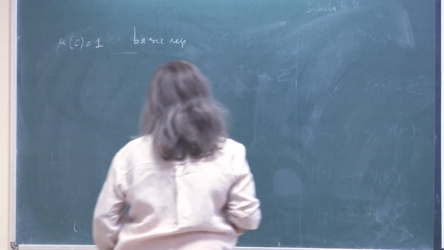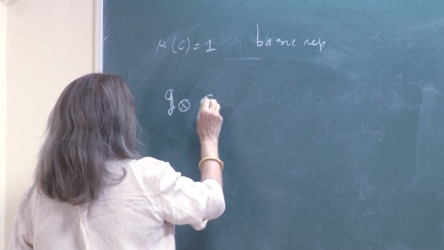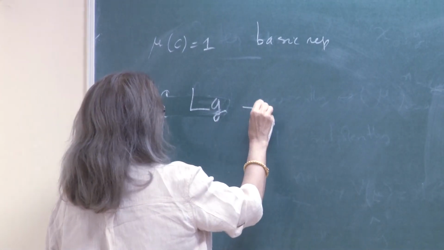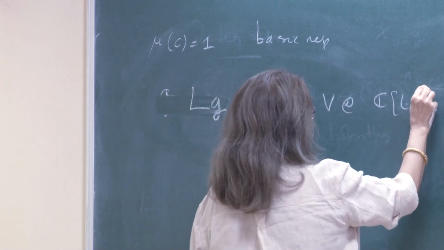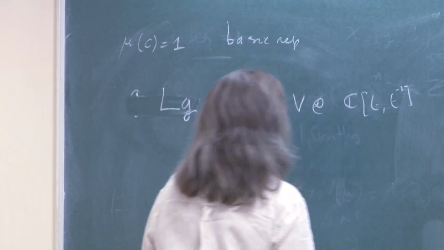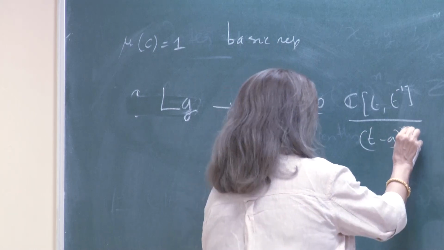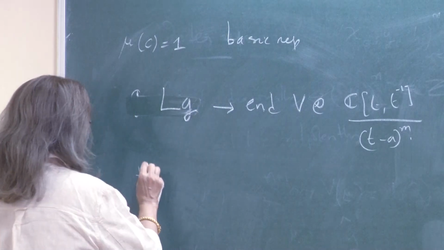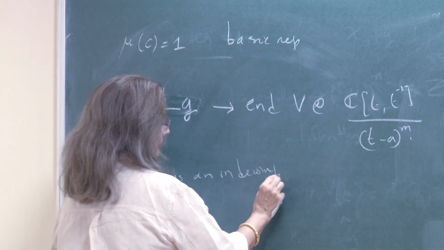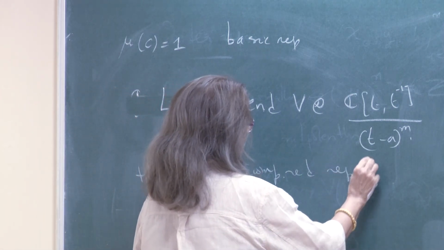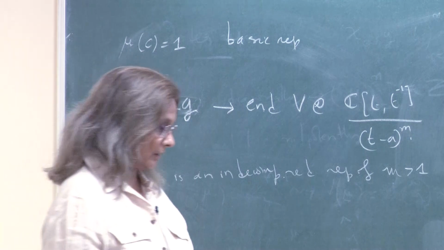Okay, so going back to this, if you take LG and you take the module V tensor this modulo T minus A raised to M, M greater than 1, then this is an indecomposable, reducible representation, simply because as a representation of C[t,t inverse], it's indecomposable.